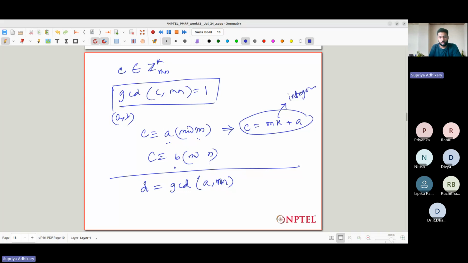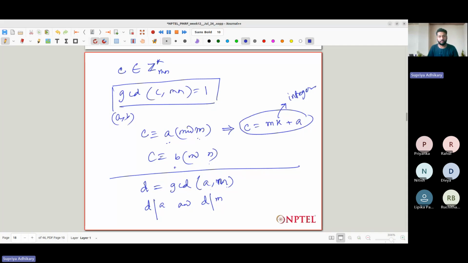Now GCD of a and m is d, so that means that d divides a and d divides m, because this is the common divisor of a and m.